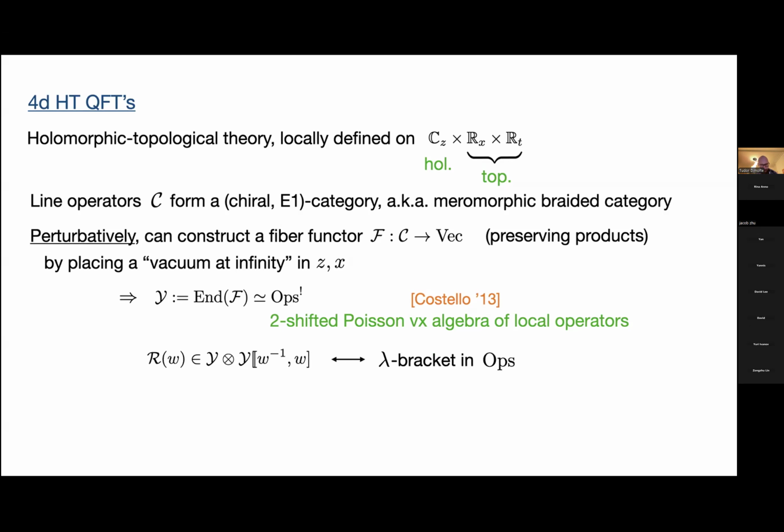In this Koszul dual picture, local operators in 4D HT theories form a Poisson vertex algebra with a lambda bracket that has, I was going to say it's been computed.